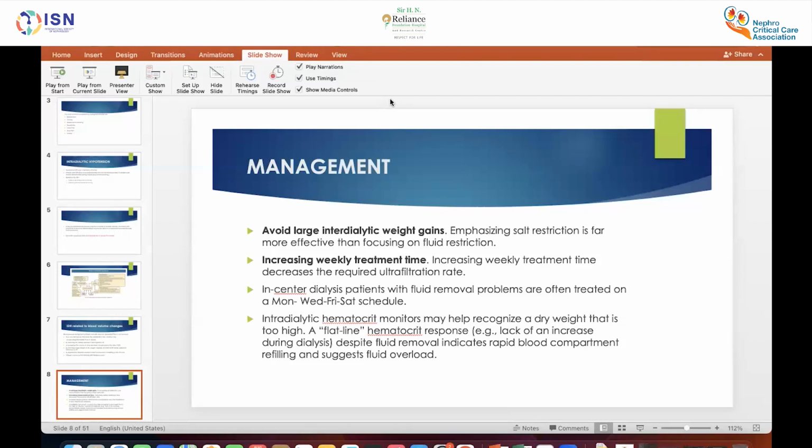A flat line response indicates that the patient still has volume overload, so enough fluid can be removed from your body. However, if the line increases with time, that indicates that you have to resort to reducing the ultrafiltration. So that is what the hematocrit says.